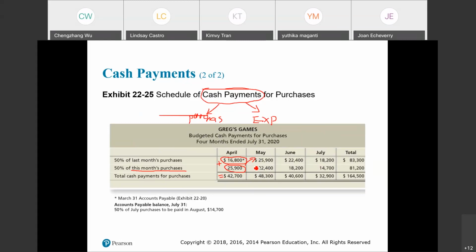That is 22,400. We get the total cash payment for each month, for May, June, and July.